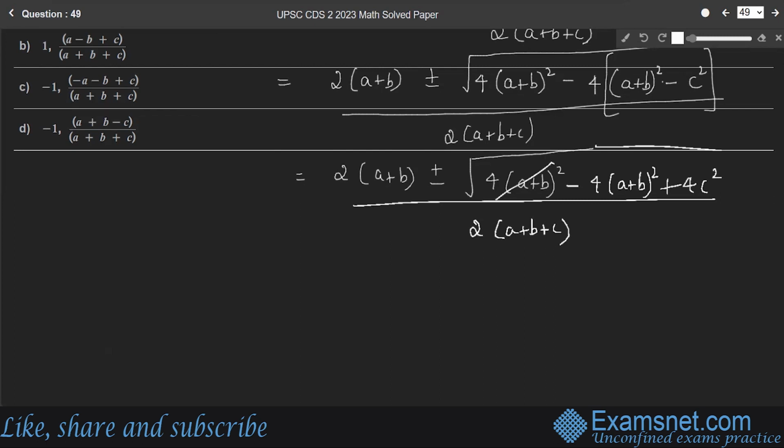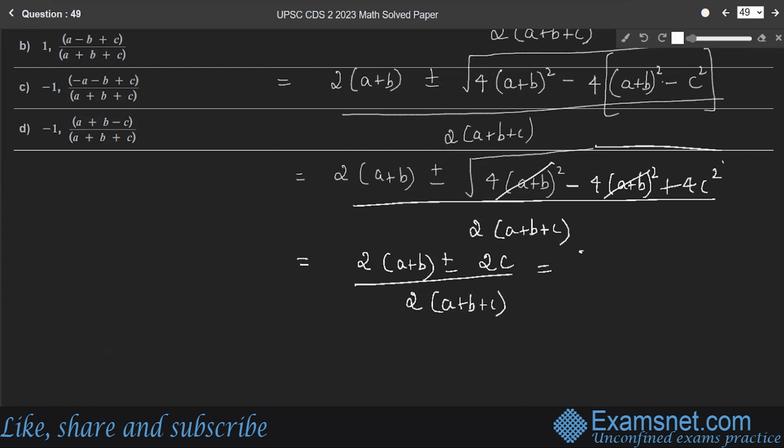So inside the square root, 4 times a plus b the whole square and minus of that value get cancelled. Therefore, we have 2 times a plus b plus or minus square root of 4c square, which is 2c, by 2 times a plus b plus c.